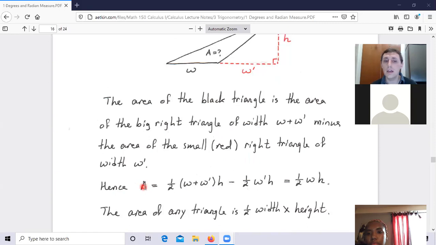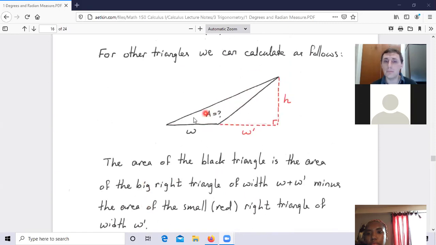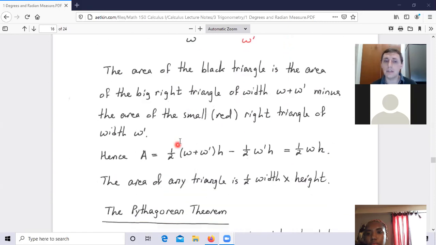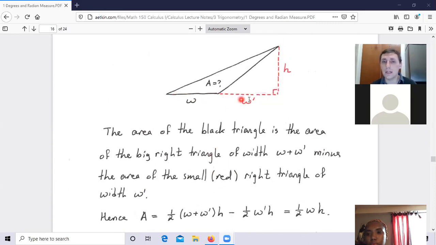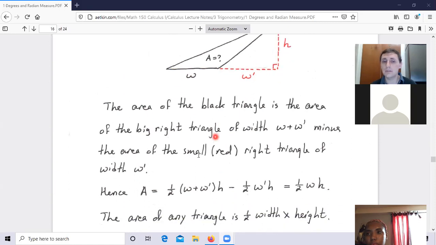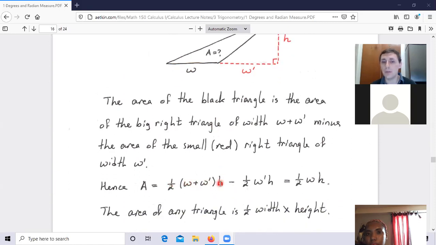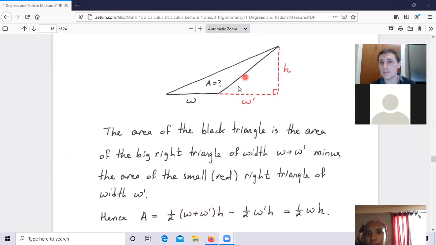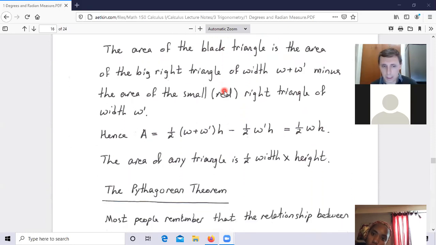So the area of the black triangle is the area of the big right triangle, 1/2 (w plus w prime) times h, minus the area of the small red triangle. And I get again the formula 1/2 w times h. Do you have any questions before I move on?